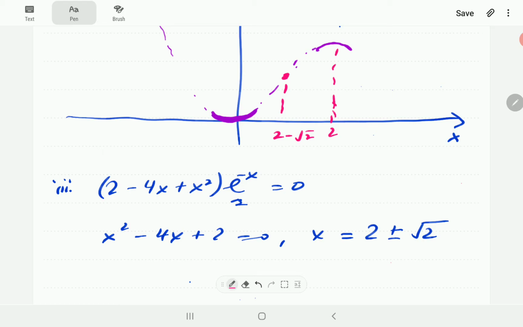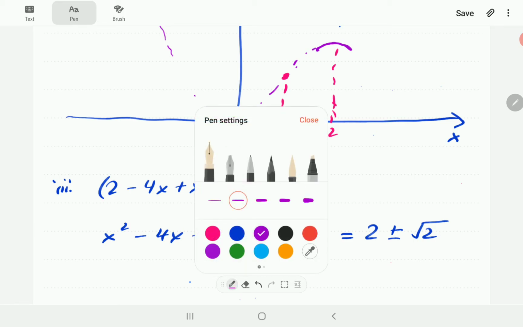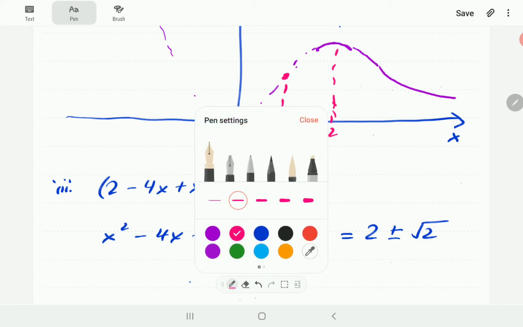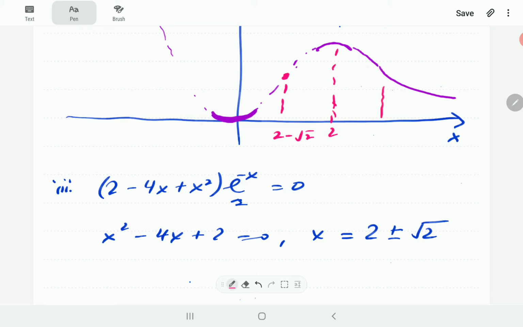And then what it is saying is that equidistant to this one, this side, the concavity changes from down to up again. So if we go on with our graph, it means this graph is going to be concave down and then change to concave up, and the point where it is going to change is 2 plus root 2.